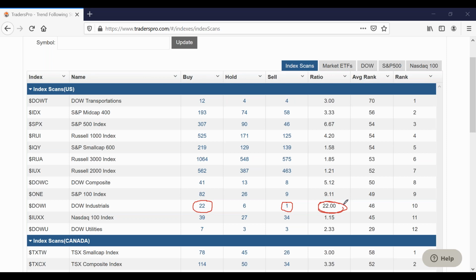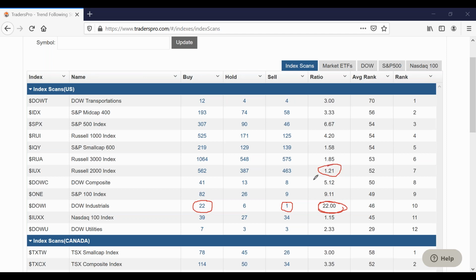Now, it doesn't always mean it's going to pull back immediately. It doesn't mean that the Dow index has to crash from here or anything like that. But it's definitely pointing out that it's at an extreme level. And on the flip side of that, the Russell 2000 has a very low ratio.